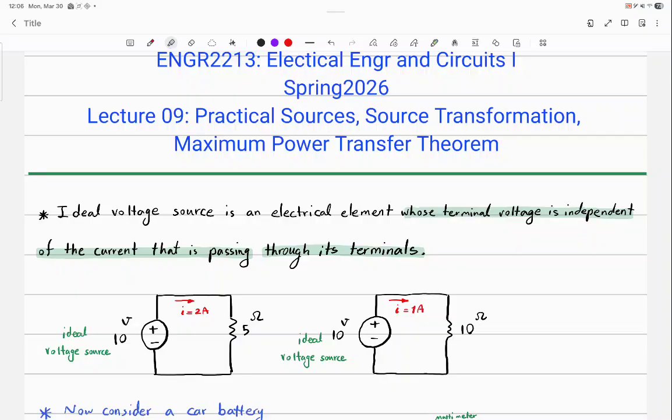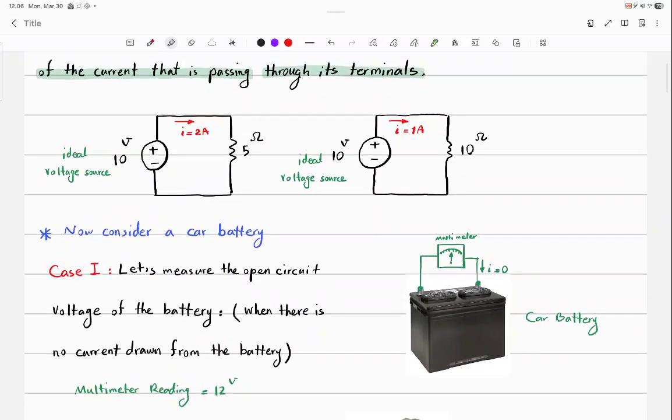Have you ever tried starting the engine while the lights are on? What happens? They dim, right? Why? Because the voltage that is feeding the lights is going to be decreased because of the huge amount of current that you're drawing from the battery. Or, let's find a car battery. How much is the voltage of a car battery? 12 volts.